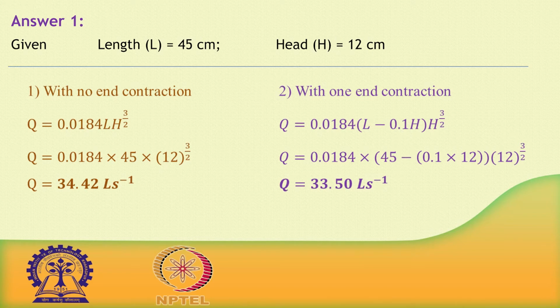So, discharge Q is 0.0184 into (L minus 0.1 h) into h to the power 3 by 2. We simply substitute, because L is known, that is 45 centimeter, and h is known, that is 12 centimeter, and we get a reduced discharge as compared to this one, because the effective length is reduced.